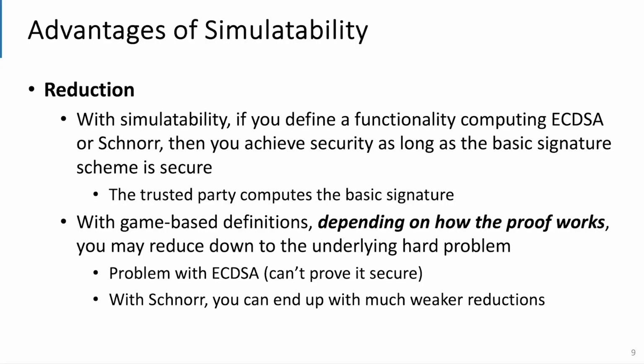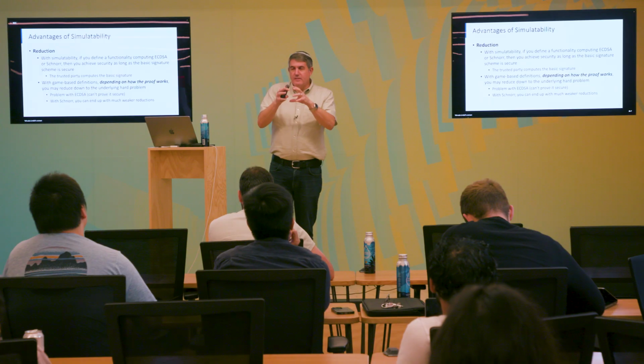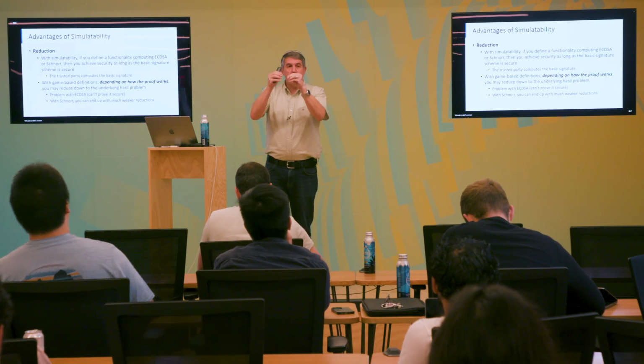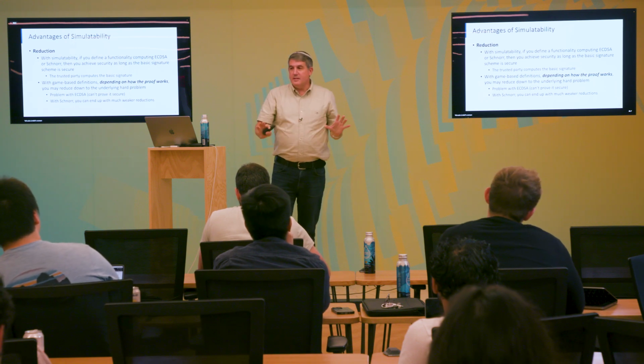In terms of the reduction in a simulation-based definition, okay, here I'm sort of lying a little bit because it depends on your game-based definition, on your simulation-based definition. There are two flavors. One flavor, which is the one that I personally prefer, is where the ideal functionality, the trusted party, computes the signature scheme. So it computes Schnorr or it computes ECDSA.